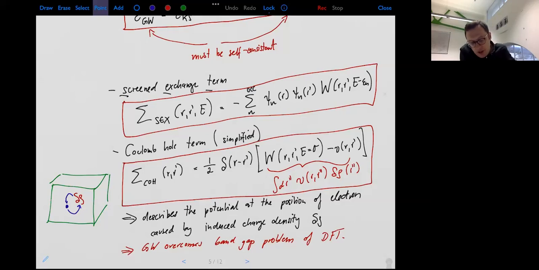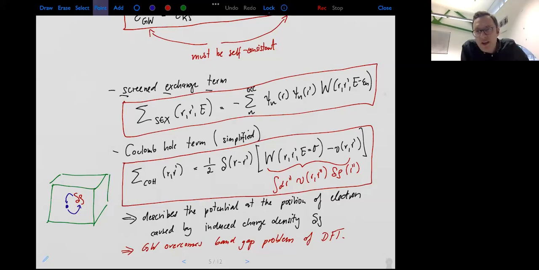And this Coulomb hole term basically captures the potential that acts back on the electron due to the polarization charge that it induces in its environment. So this is the physical interpretation of this Coulomb hole term.